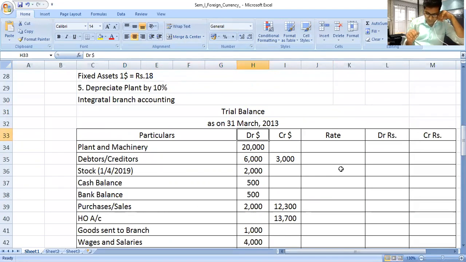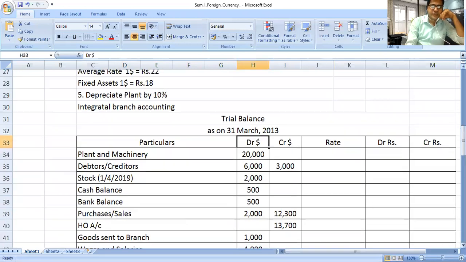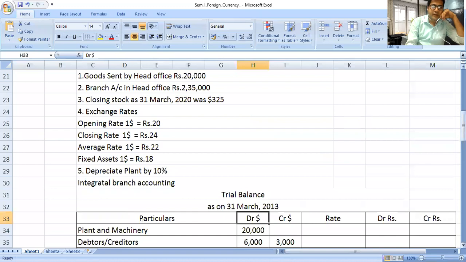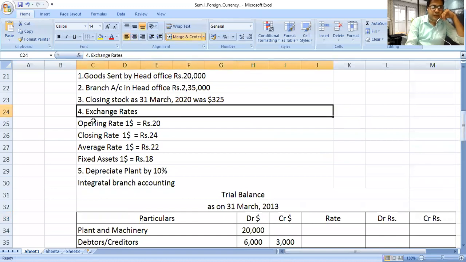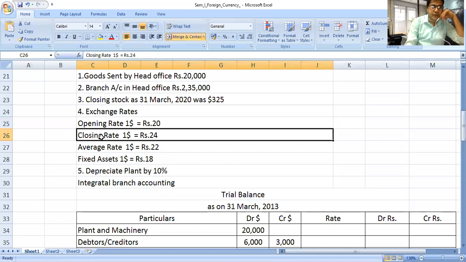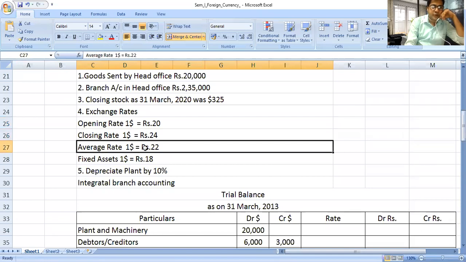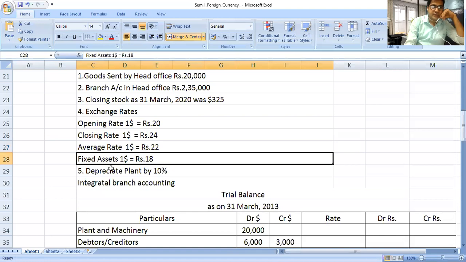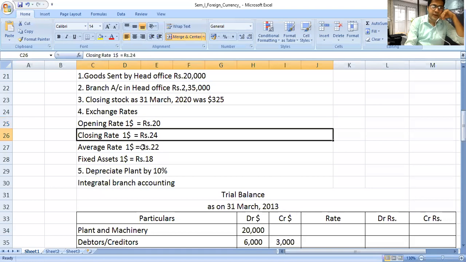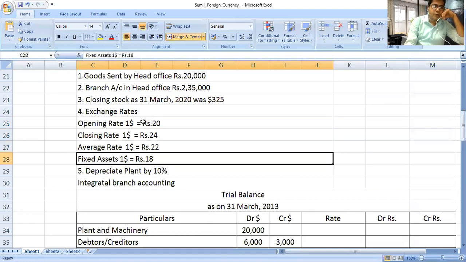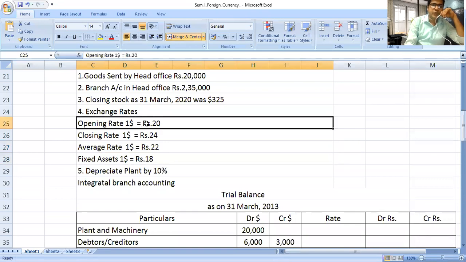Whenever we have to convert, various kinds of rates are provided: opening rate $1 = 1.20, closing rate 1.24, average rate 1.22, fixed asset rate Rs 18. These rates are already provided in our problem, and now we have to consider which rate is suitable for which item.